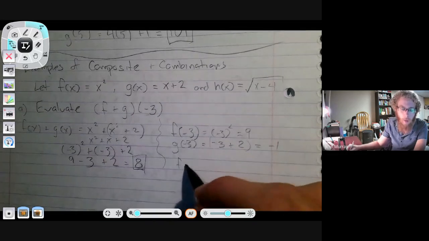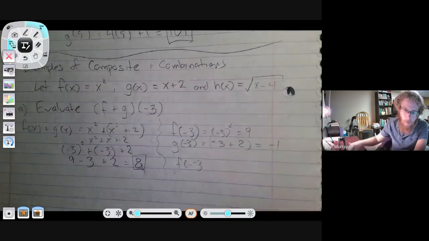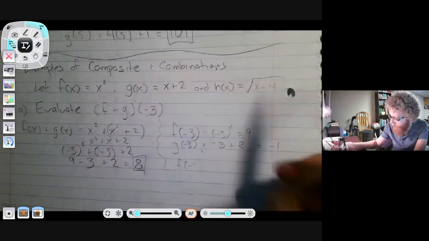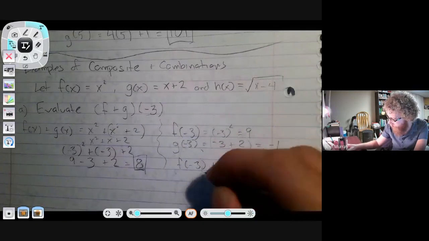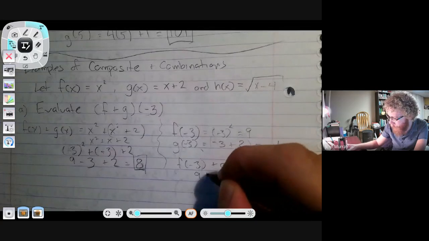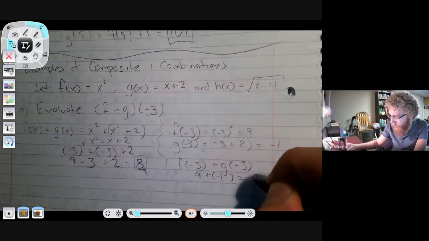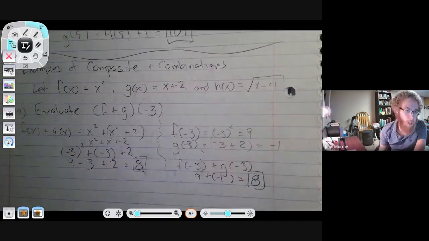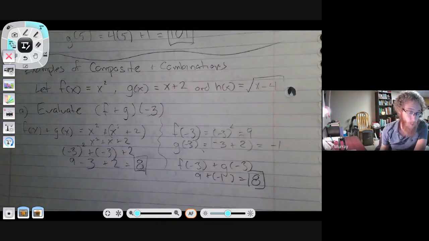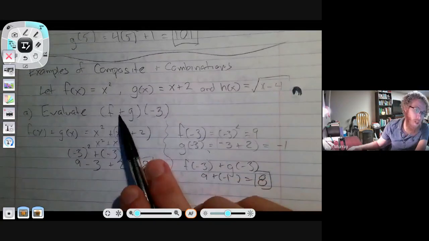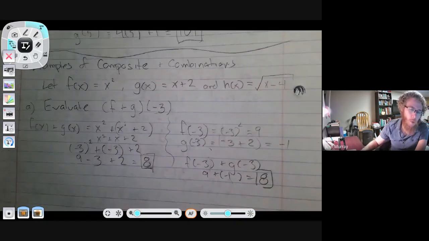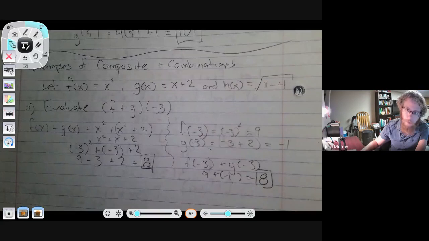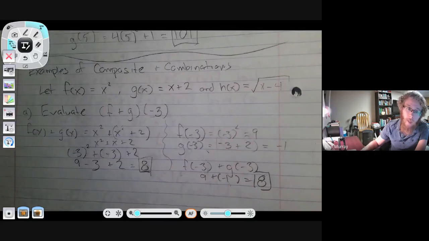Then I could do f of -3 plus g of -3, which would be 9 plus -1, which does in fact get me 8. If you're doing this, it could be minus, multiplication, division. Any of those would work for that. Any questions for this first one?